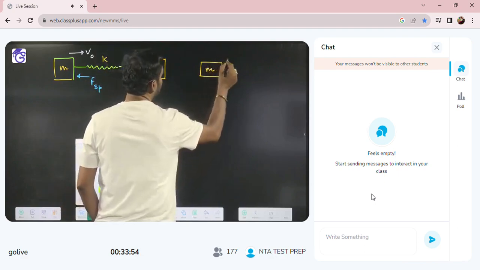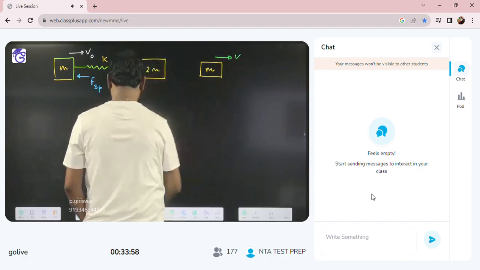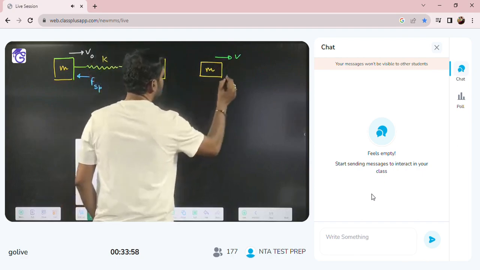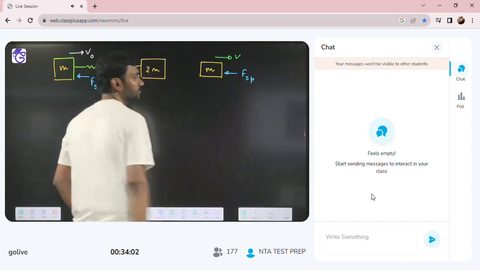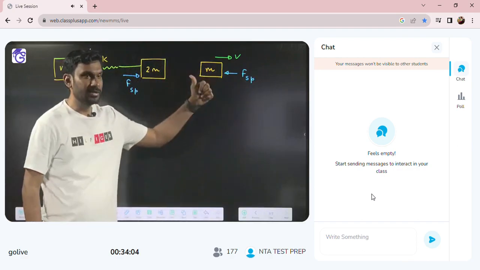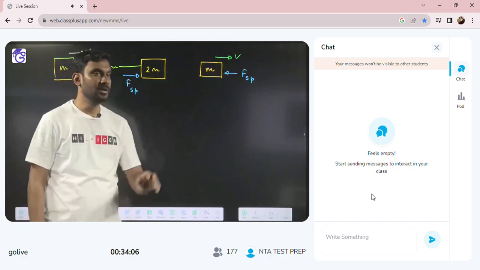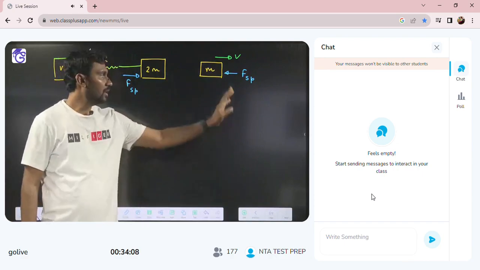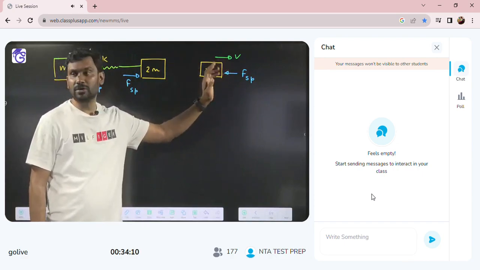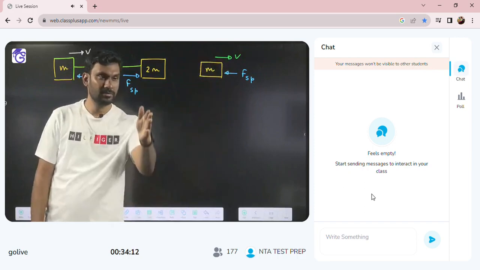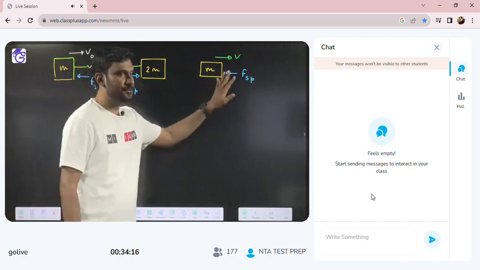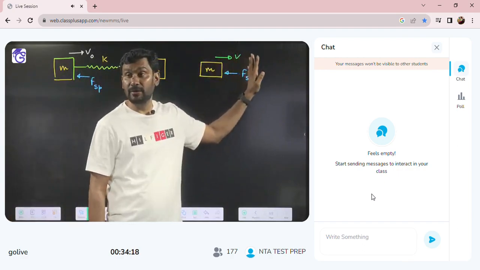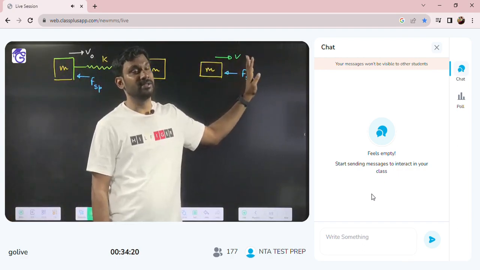Mass M velocity is rightward. Spring force is acting leftward. Velocity is rightward, spring force is acting leftward. So boys and girls, quick respond. Will this force produce acceleration for M or will it produce retardation for M?